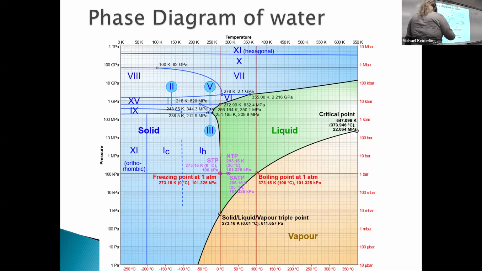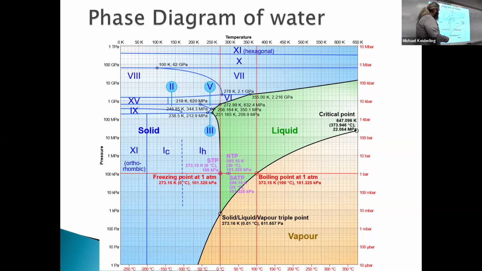Below about 1 kilopascal, water will go directly from vapor to solid. Actually, that's more like 600 pascals. Yeah, it's about 600. Below about 600 pascals, water will go directly from vapor to solid.